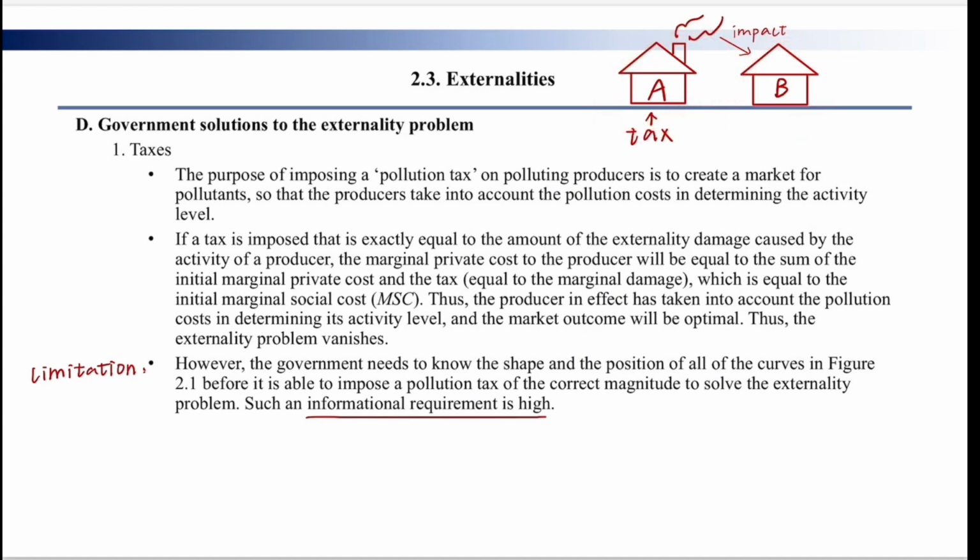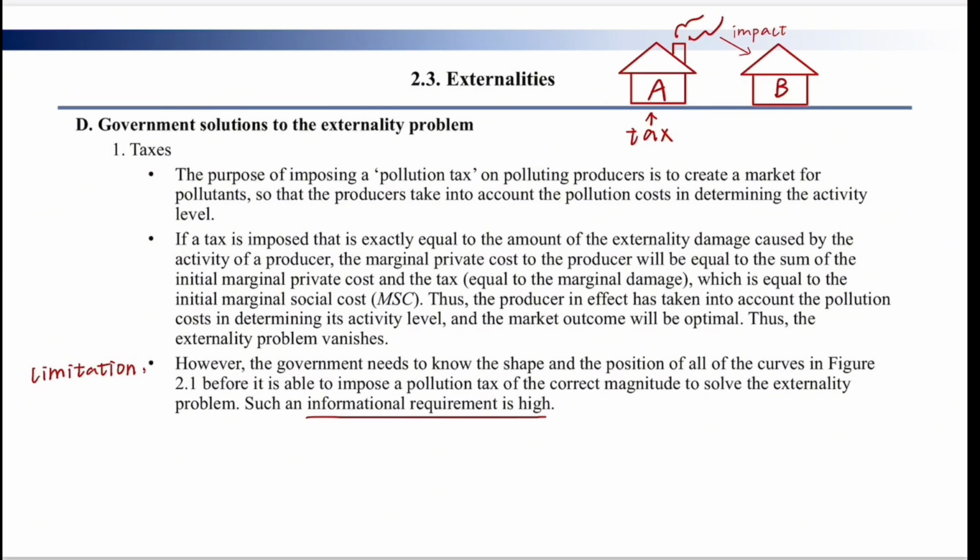Then if I were the government, I want to deal with this imbalance problem, I need to impose a pollution tax on firm A. So if firm A is required to pay the pollution tax, at this time company A needs to think, is it better for me to pay the tax and continue to pollute, or is it better for me to take the initiative to deal with my pollution and not pay the tax?